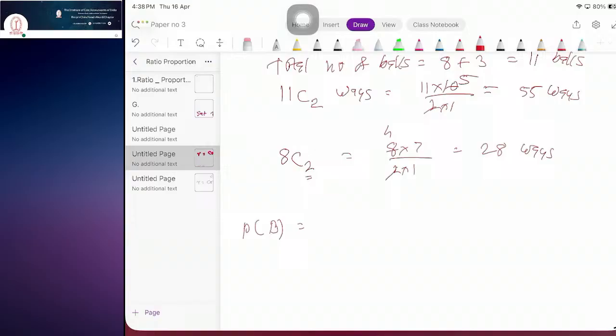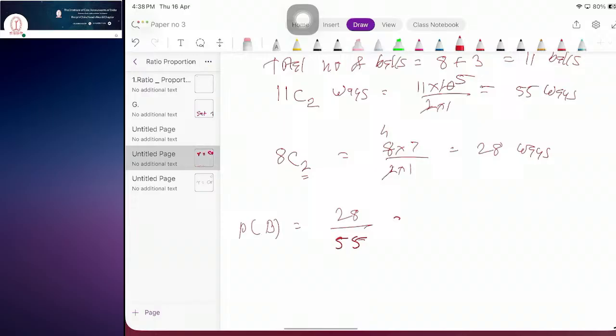The total number of ways is 28 divided by the total number of ways of selecting two balls out of 11 balls, and that answer is 55. So 28 divided by 55.